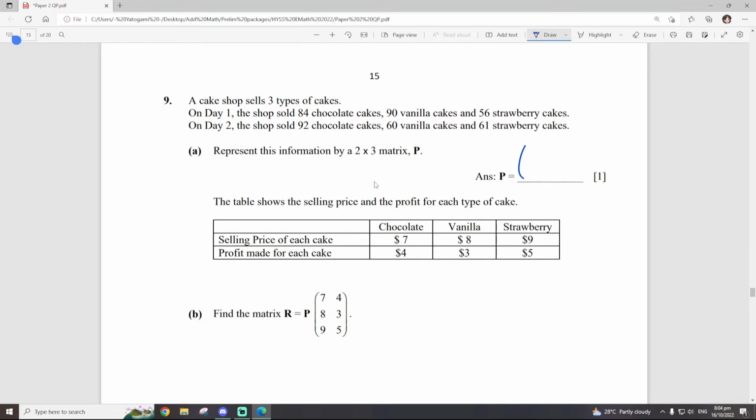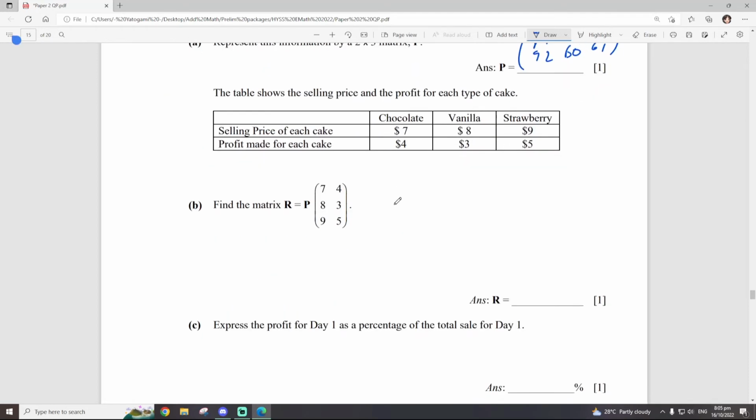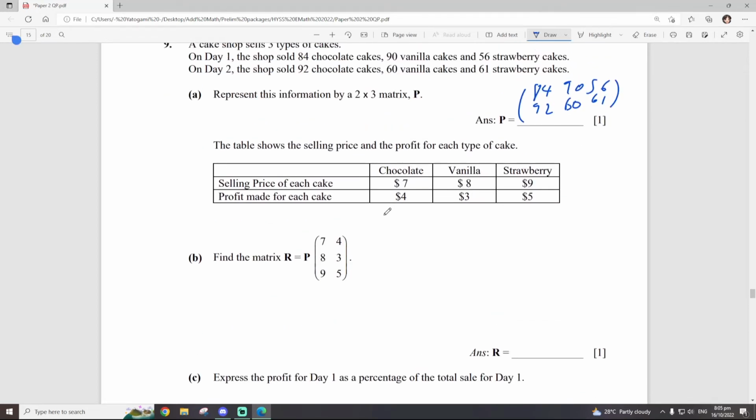So this one is just, I think this would be, yeah, this just write down the things, right? 84, 90, 56, 92, 60, 61. Find this matrix, okay? Wow, only 1 mark.